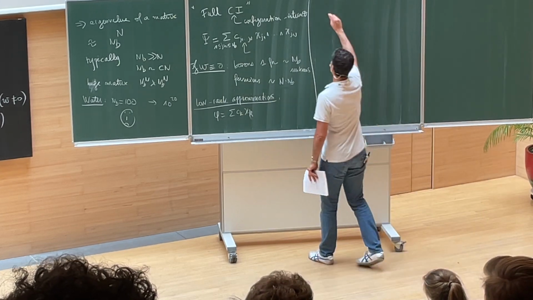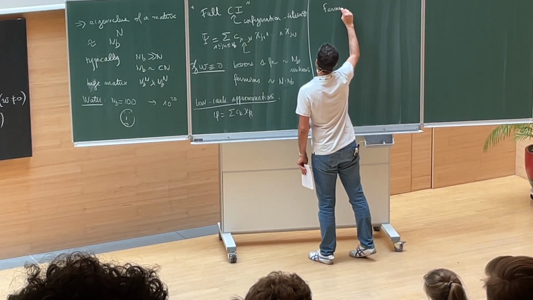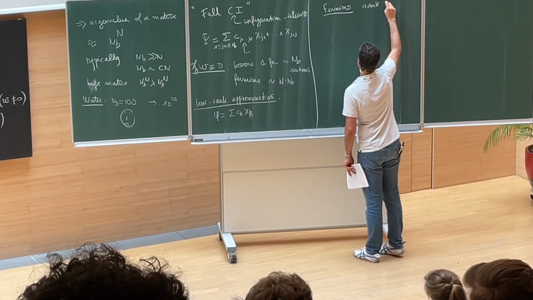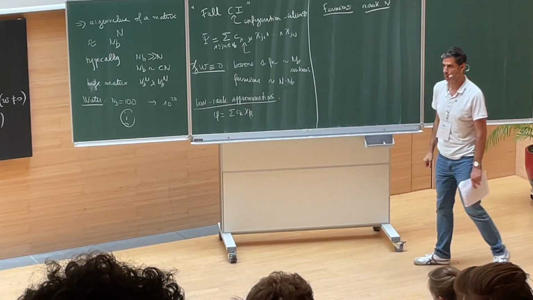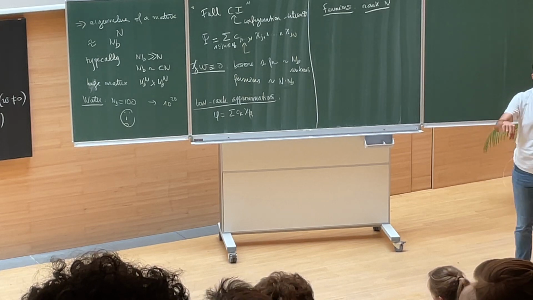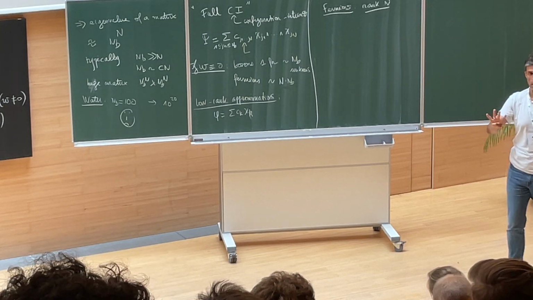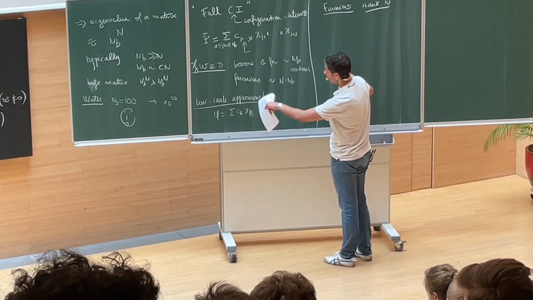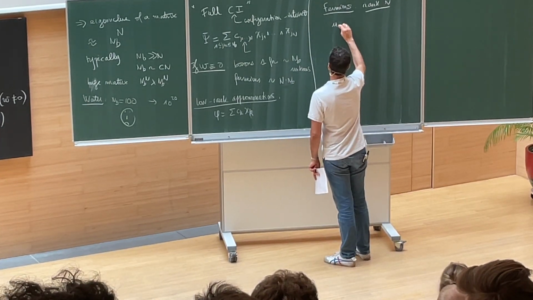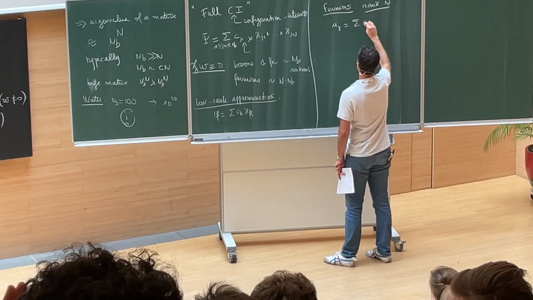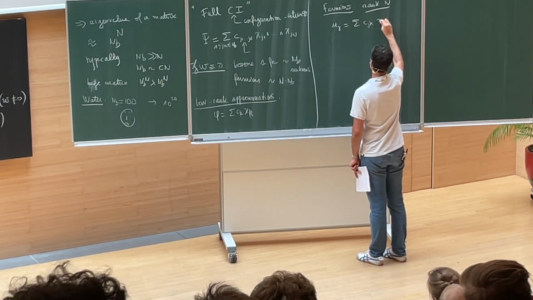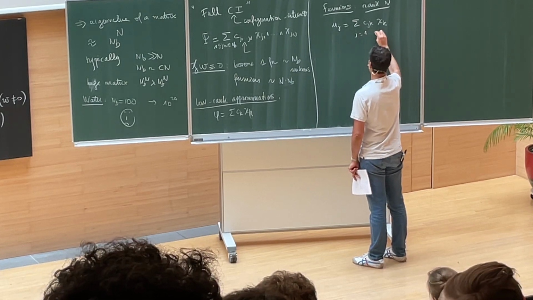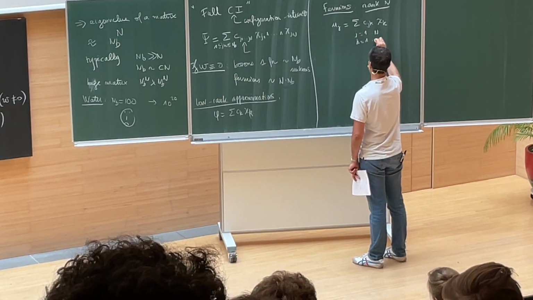And for fermions, the best you can do is rank n, meaning that you look at n functions that you expand over your basis of N_b. So you have u_j, which you write as a sum of c_{jk} chi_k, where j is from 1 to n and k is from 1 to N_b.